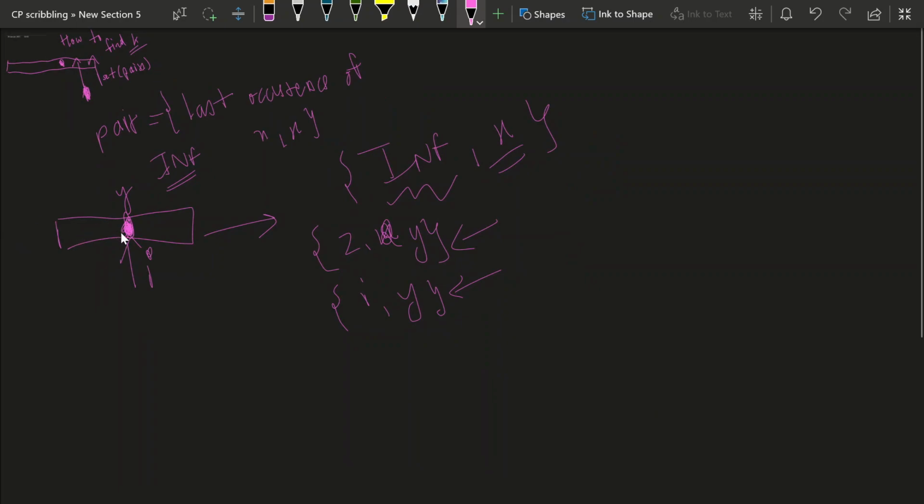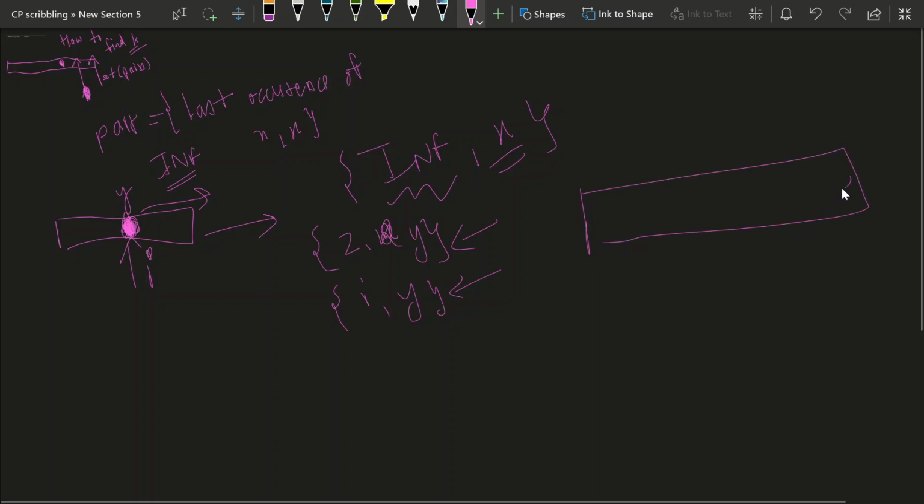Now if you want to check the minimum that I need to travel so that I encounter all of these 0 to m minus 1, you go into your set and consider the very last index, because the very last element will be the farthest element from 0 to m minus 1. You need to consider that element because that is the one that will make you go towards it. All the elements before that will already be considered, but you need to go to this last element in order to encounter all these 0 to m minus 1 values.